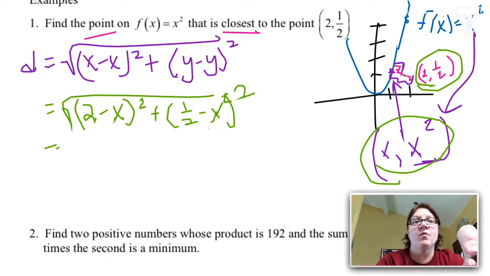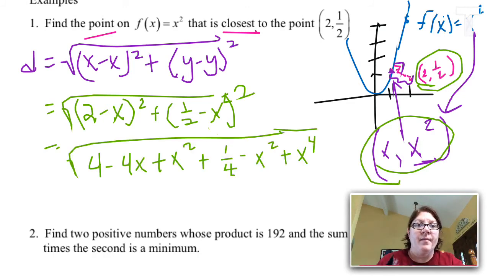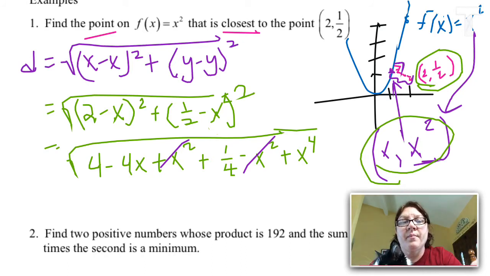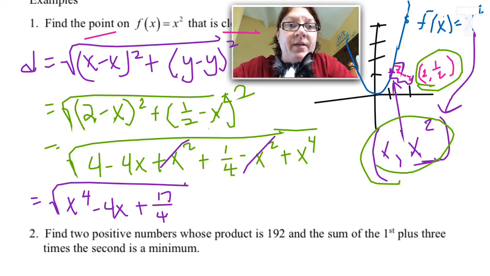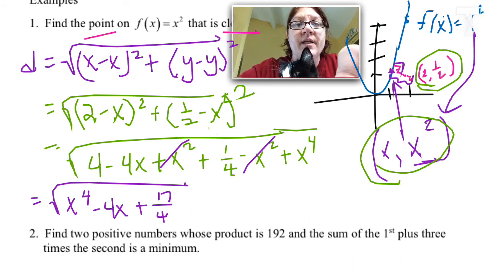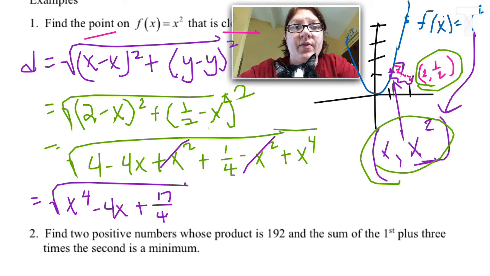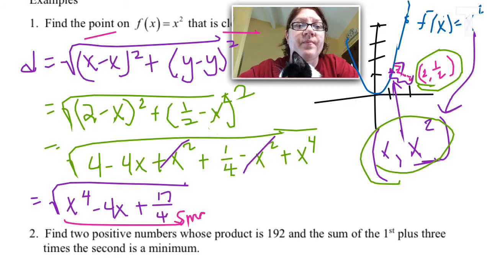So if I FOIL out the inside, I get that big long expression, check my math, and then I note, oh, the x squareds are going to cancel, and so now I can combine some like terms, and it would make sense that since there's my distance, it'll be the smallest, or it'll be minimized when the inside is the smallest.